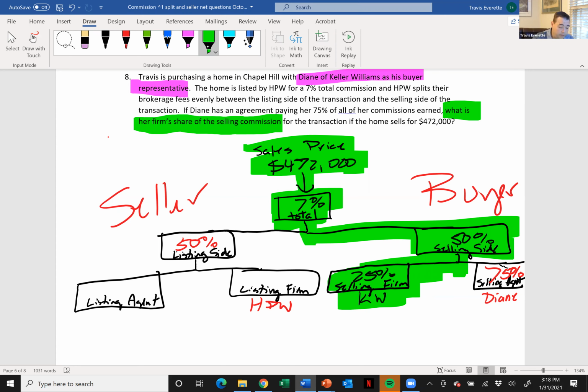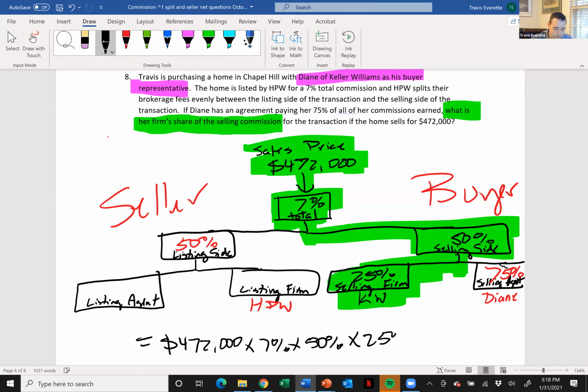So what we're going to type in the calculator is going to look like this. Start at the top, $472,000 times 7% times 50% times 25% equals.